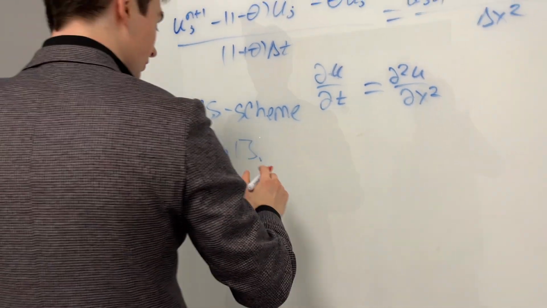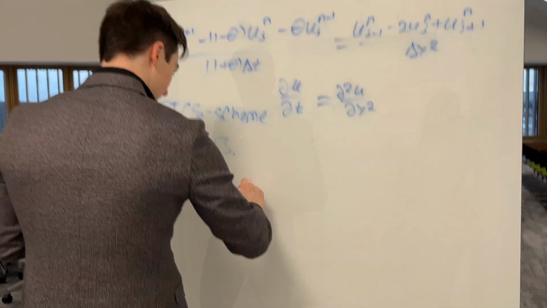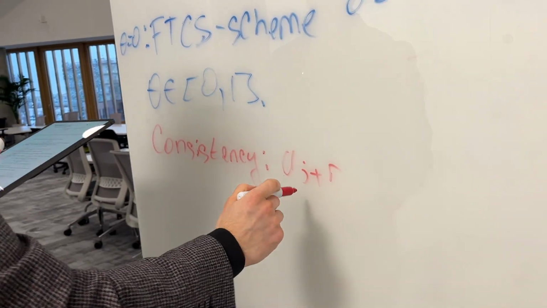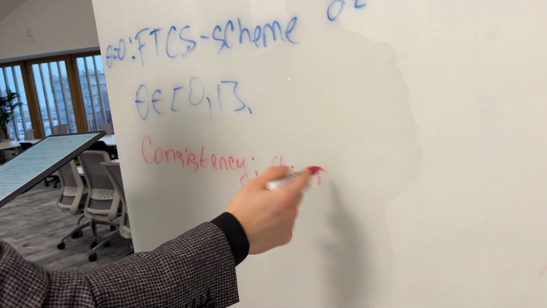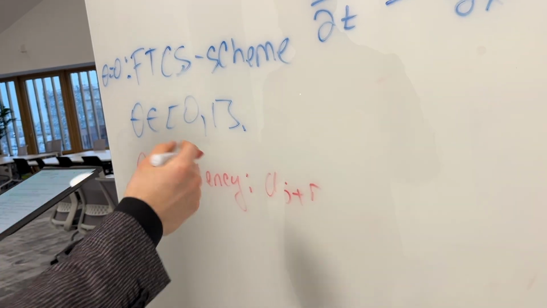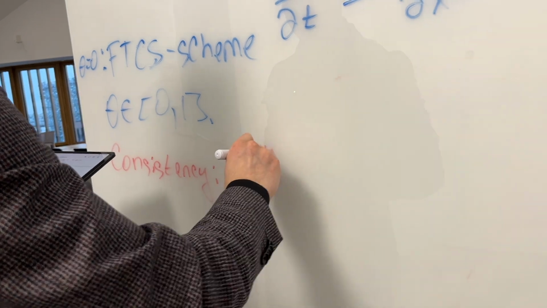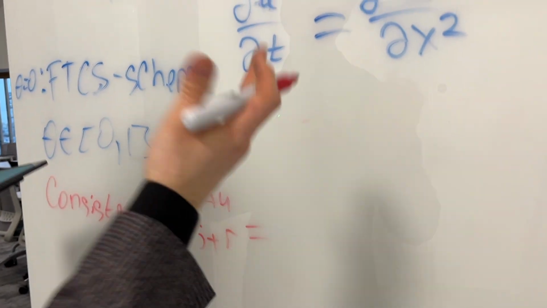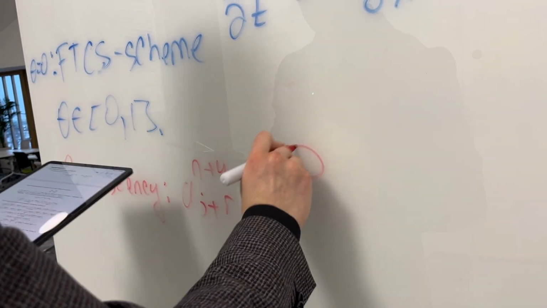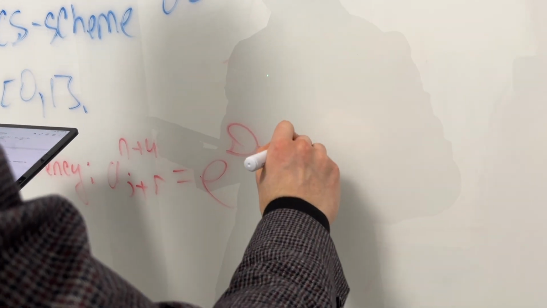For that, we're gonna say that our function at position x_j plus r times dx, and at time n plus k delta t, I don't know how to say it in English, I'm sorry, will be in operator notation in the following way.